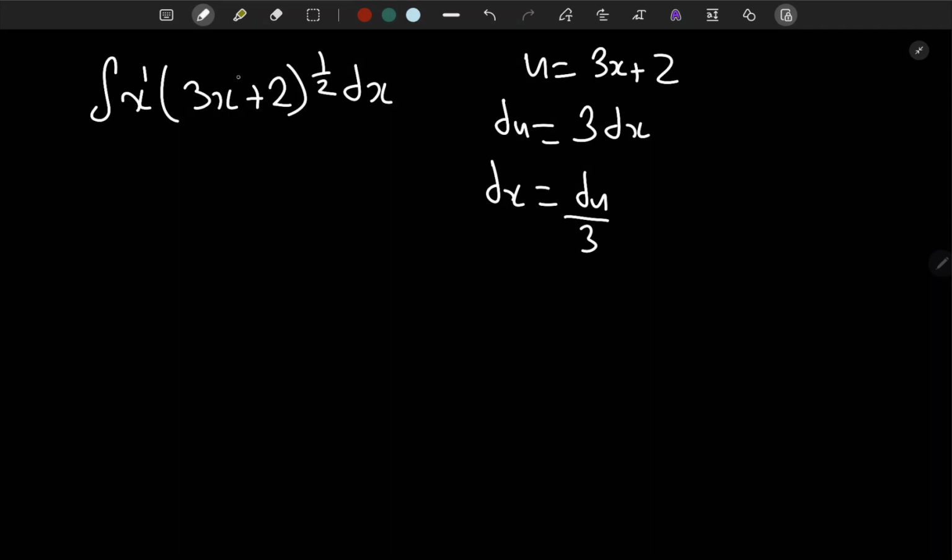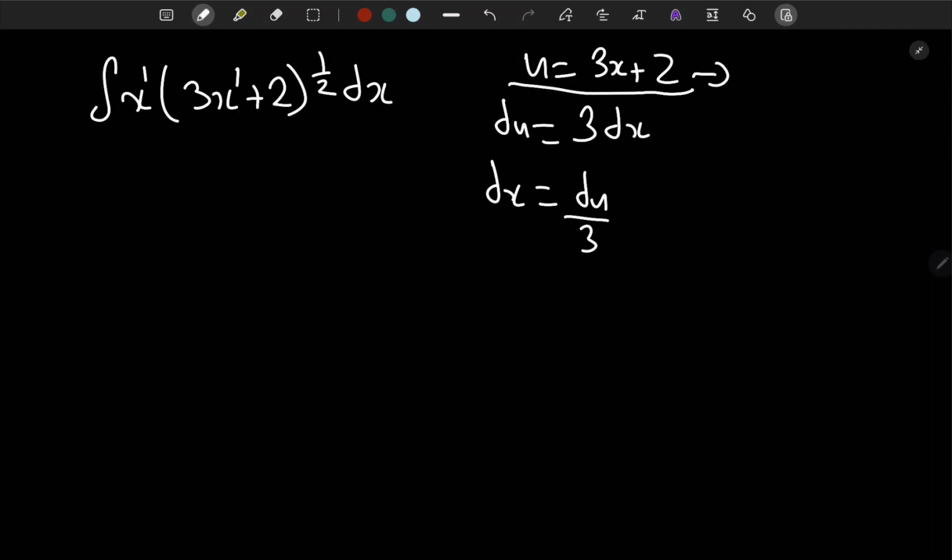And one thing that you can notice is that the power of x here is 1, and the power of 3x is also 1. So we are not able to cancel out this x over here this time. And whenever the powers are the same, we go to our first equation, which is this one, and we isolate x. So basically we solve for x in terms of u.